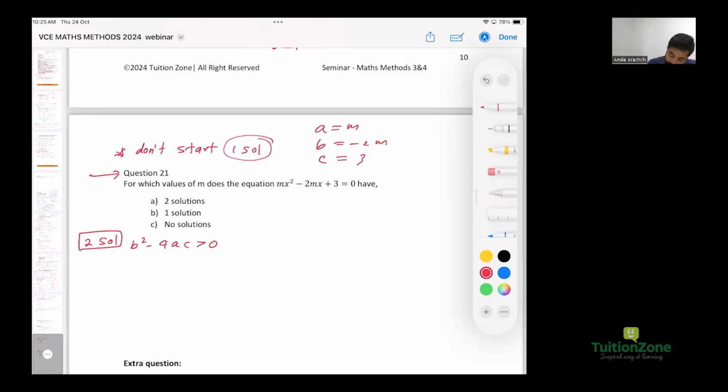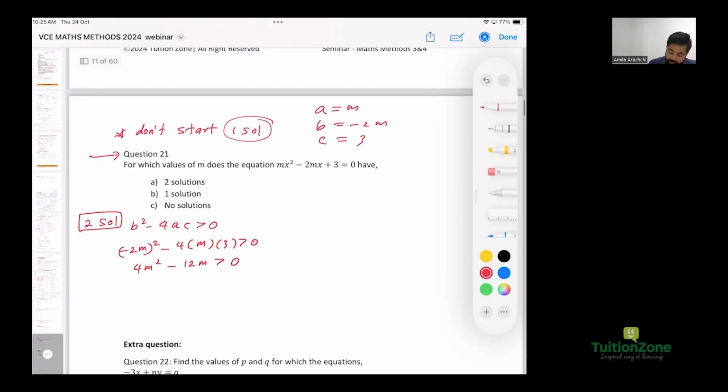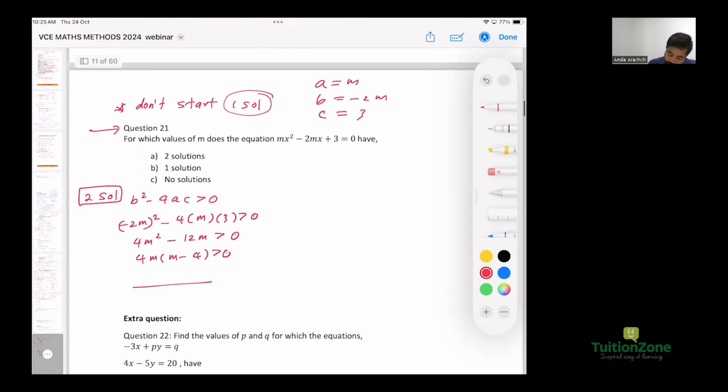Let's sub it in. Factorize. X values: 0 and 4. Sorry, 0 and 3, my bad.